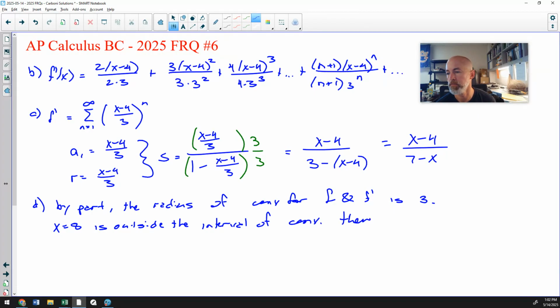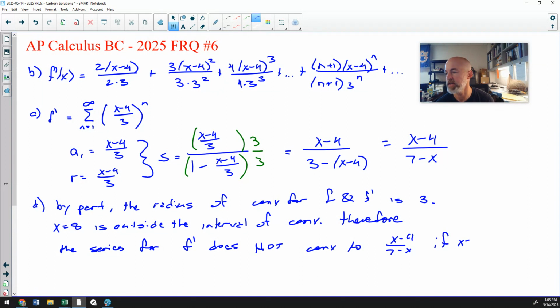Therefore, the series for f prime does not converge at x equals 8. The series for f prime does not converge to (x - 4)/(7 - x) if x is equal to 8.